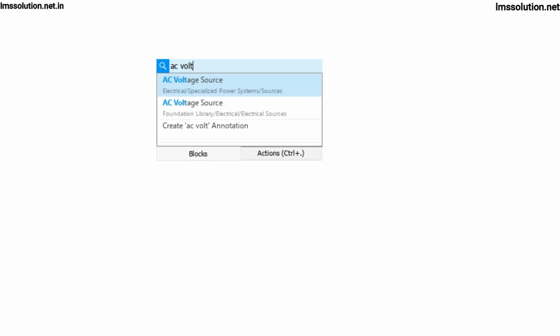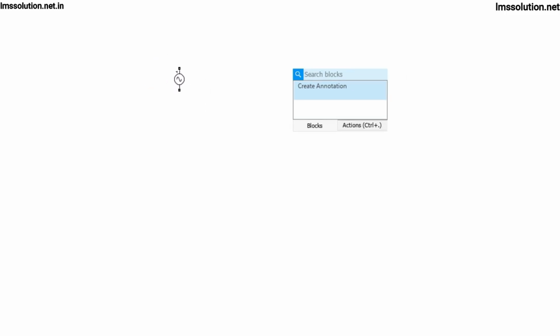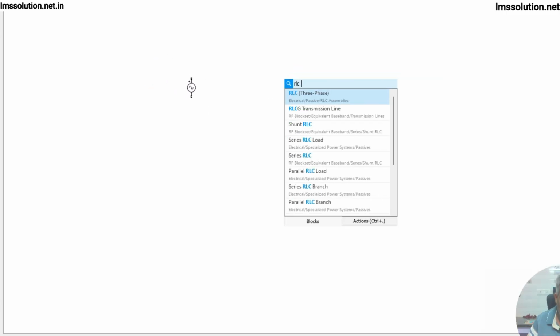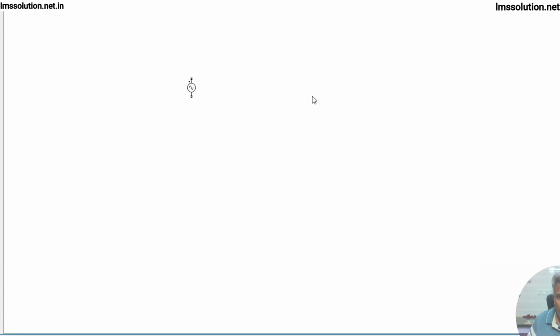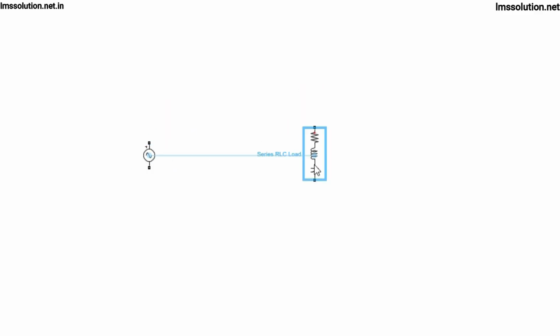First I'm going to use an AC voltage source, and then we need a series RLC load, and I'm going to connect both in parallel.